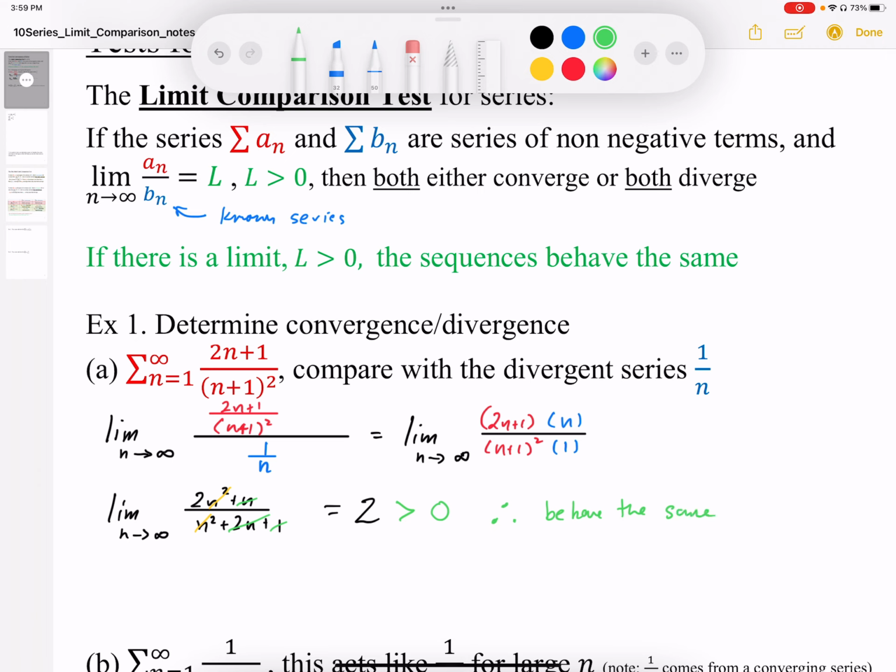If they behave the same, because the series 1 over n is divergent, then we know that because they behave the same, this series must also be divergent.